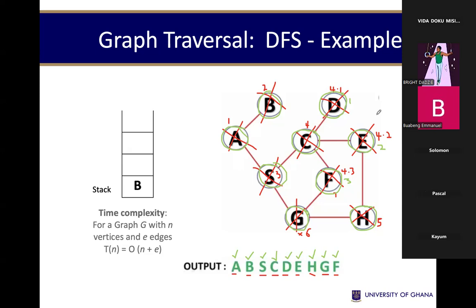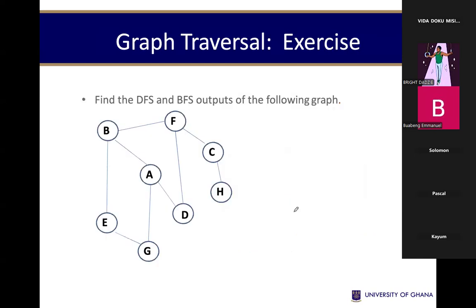Exactly. Yes, you have to do that. If B was where the S is, you have to fully exhaust all the B friends in DFS. All right, that's a very good observation.